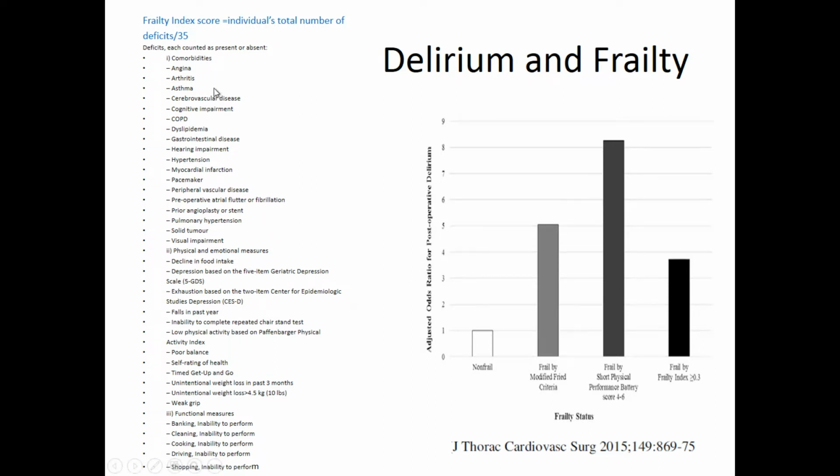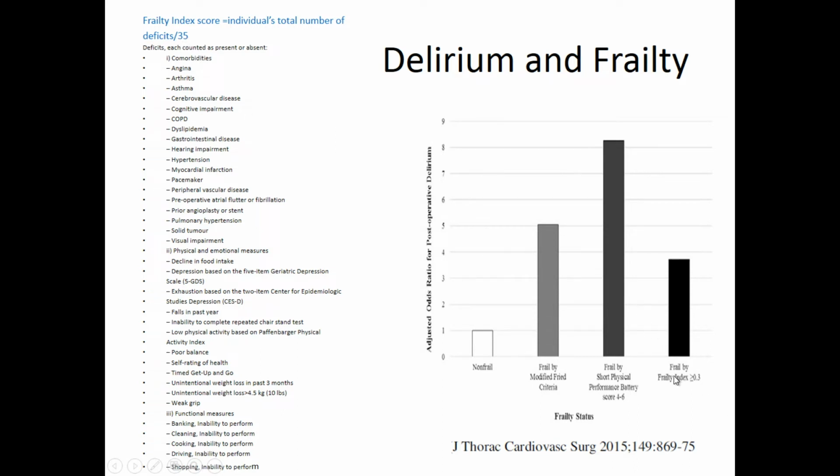On the left side of this slide, I've simply included the 35 elements of the frailty index score, which is just one of these. That's the one that's shown here on the far right. It's a 35-element risk factor score. Some of these elements are really quite pedestrian, things like inability to bank, inability to clean or cook, and then some of them are more medically oriented, diagnosis related. But if you add them up and then divide by 35, you come up with a score.